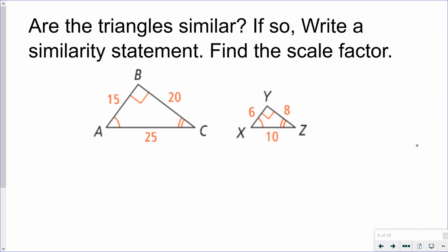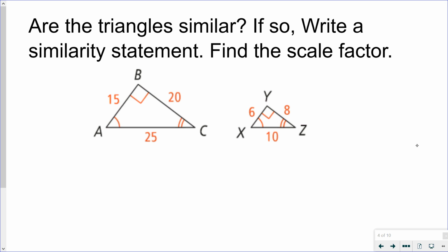Are the triangles similar? If so, write a similarity statement. Find the scale factor. Well, in order for us to figure out if these two triangles are similar, we need to make sure that their corresponding angles are congruent. So notice that angle A and angle X have the same exact symbols.